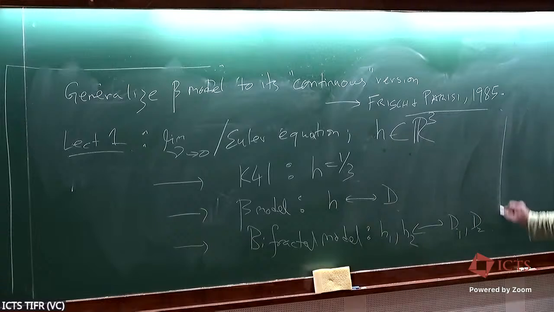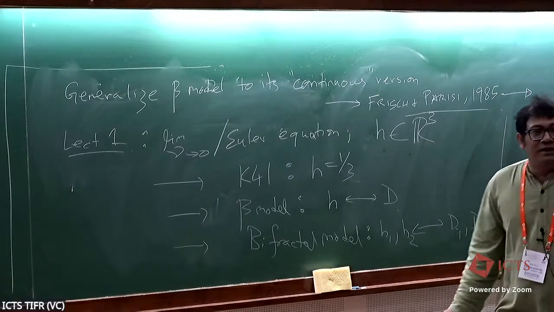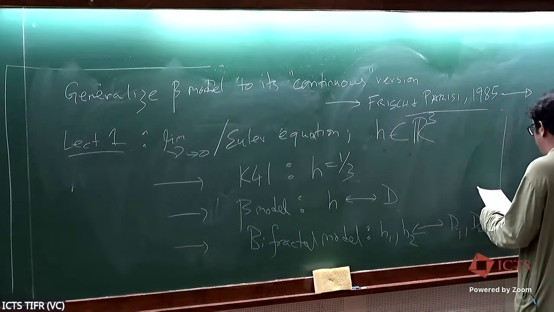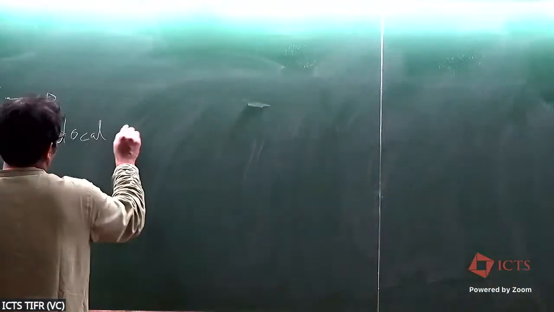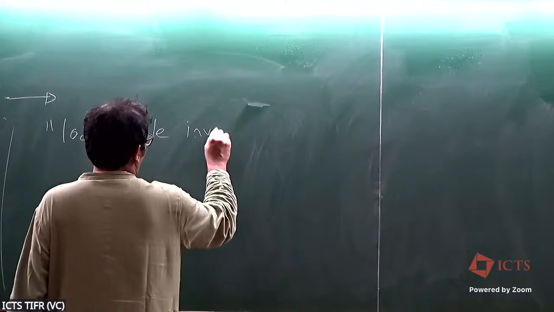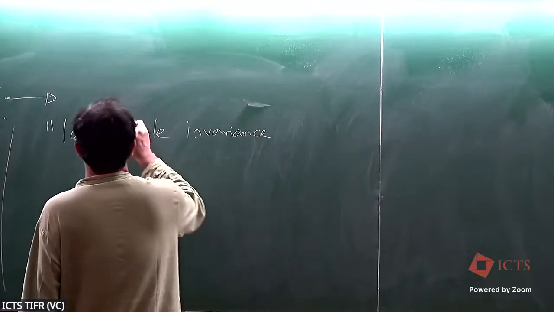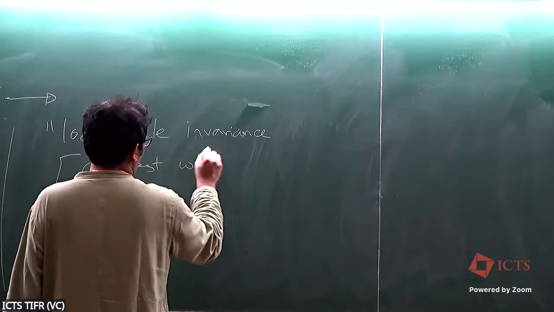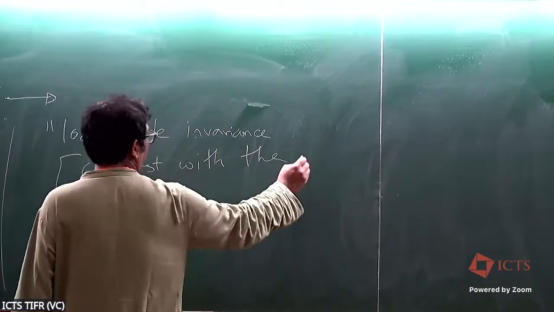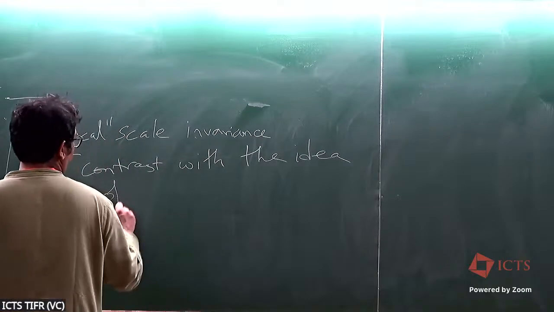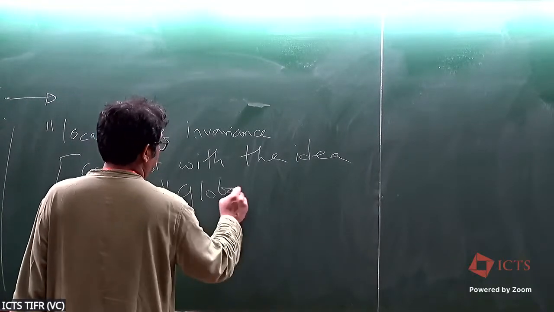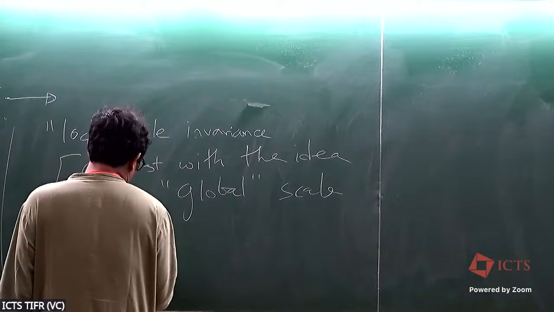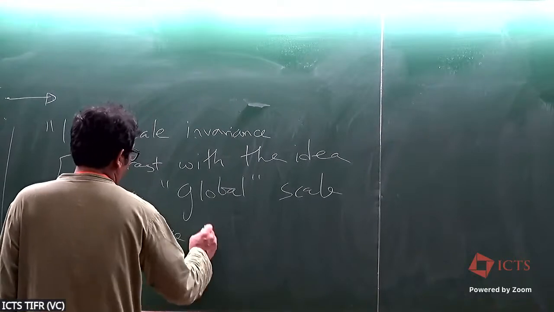So in this extremely beautiful piece of work by Frisch and Parisi, what they essentially assumed is a local scale invariance, which you can contrast with the idea of global scale invariance implicit in Kolmogorov.